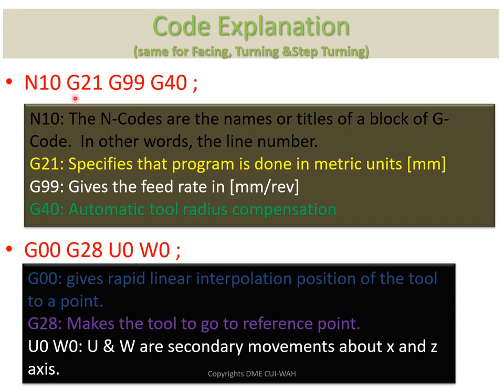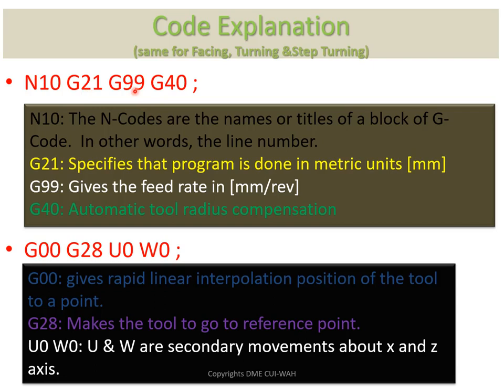The next is G21. G21 code is used to switch to the metric system of units. So when we have used the G21 code, every dimension written in the code will be considered in millimeters. It is used for metric units in millimeters. G99 code selects the units of the feed rate.